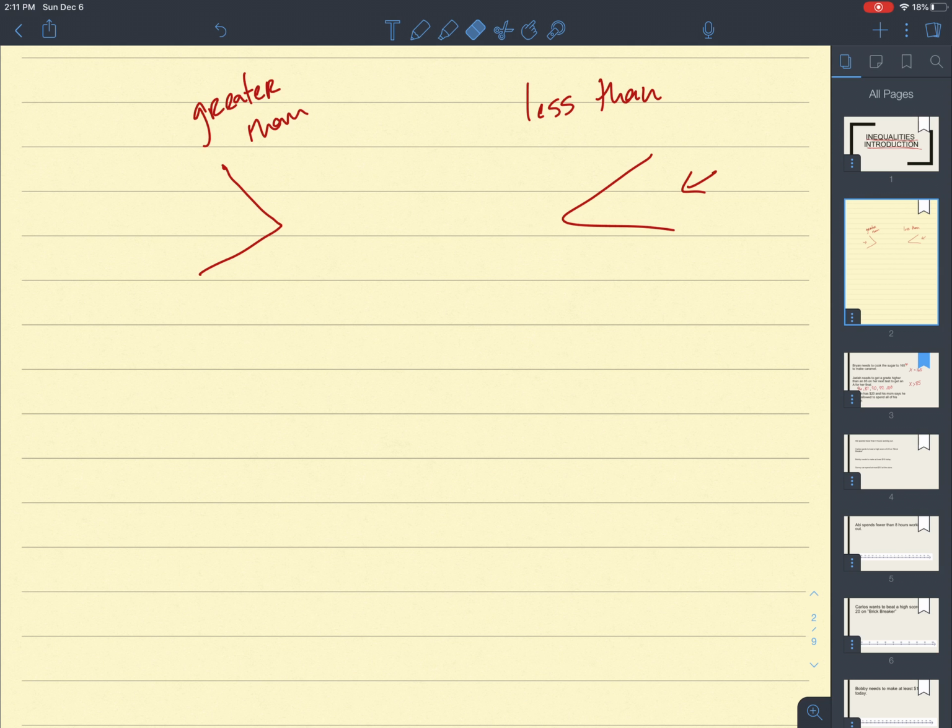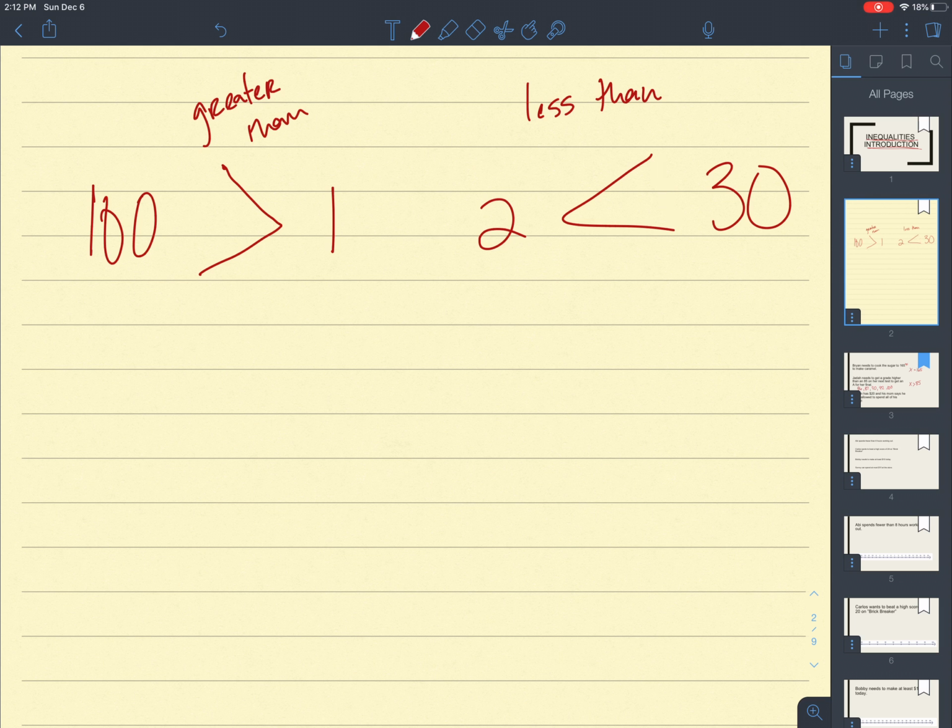And we can look at an example like 100 is bigger than 1, or 30 is bigger than 2. So we're just looking at greater than or less than, comparing numbers, making sure that the big side of the symbol is facing towards the larger number.